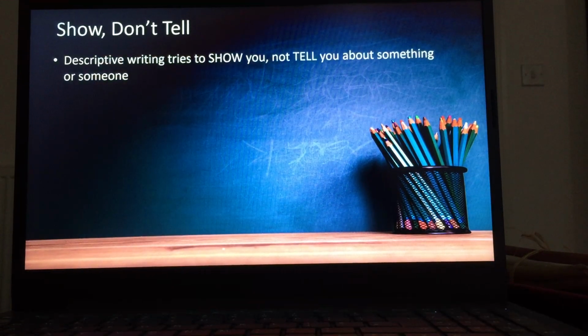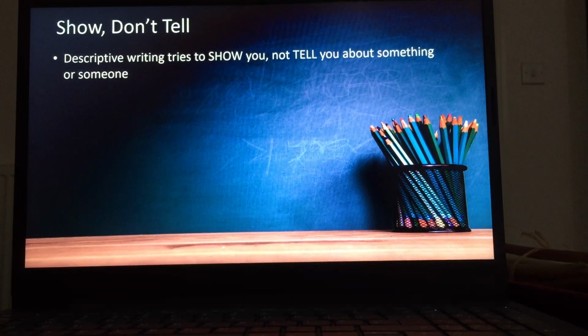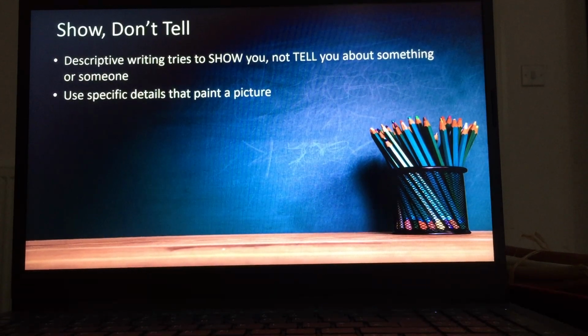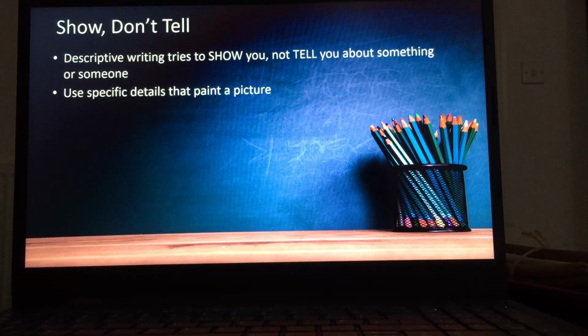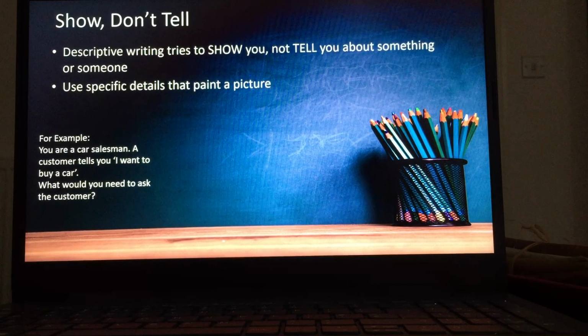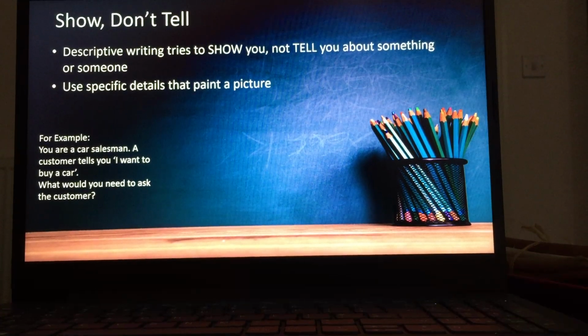Show, don't tell. Descriptive writing tries to show you, not tell you about something or someone. In order to show, you have to be specific and be able to paint a picture. For example, you are a car salesman. A customer tells you, I want to buy a car.